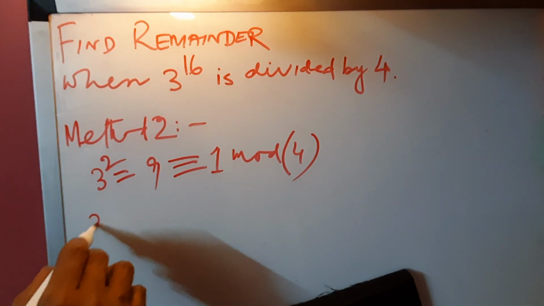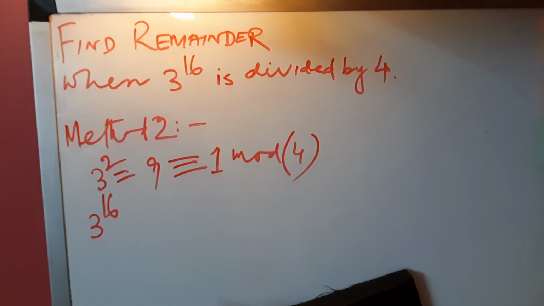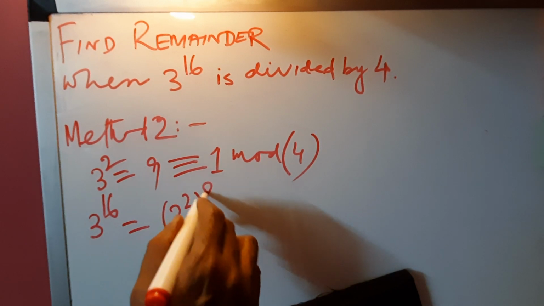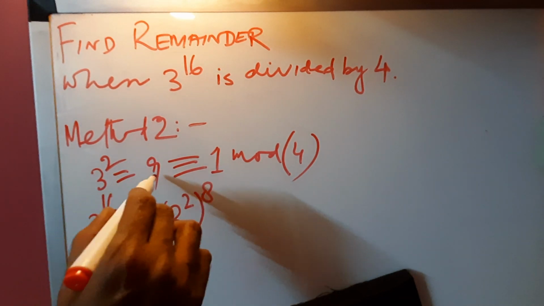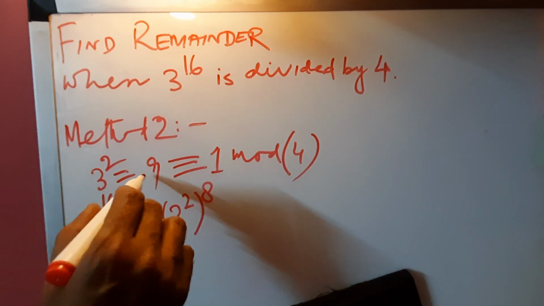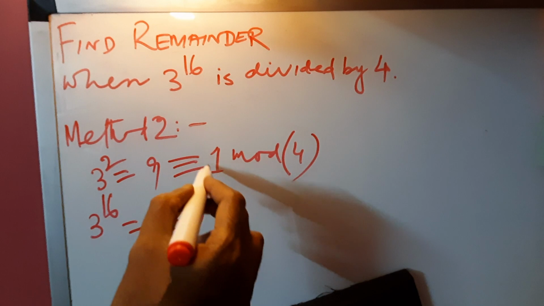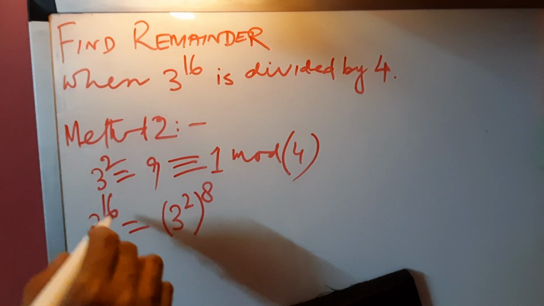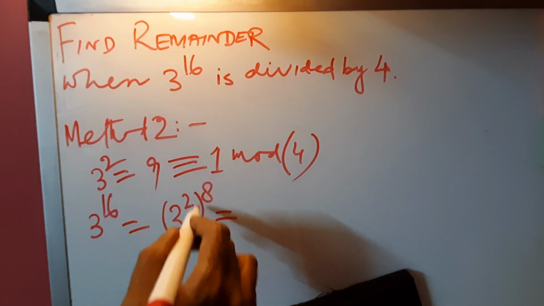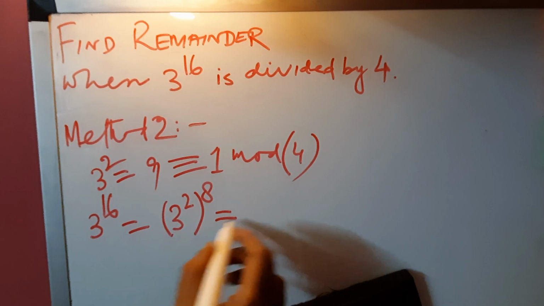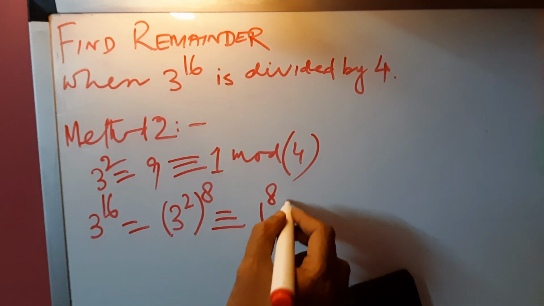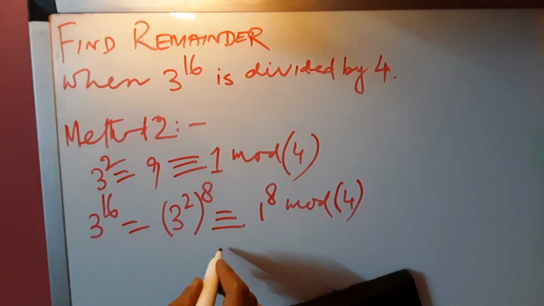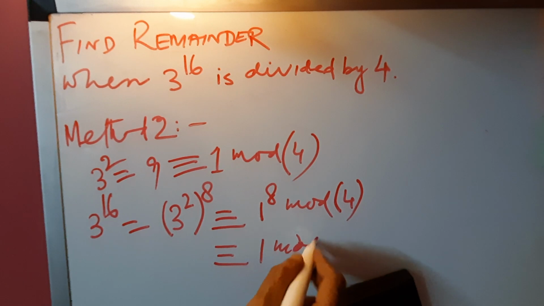So we have to find out 3 to the power 16, correct? We can write 3 to the power 16 as 3 square to the power 8. Since 3 square equals 9, which is congruent to 1 mod 4, we'll get 1 to the power 8 mod 4. 1 to the power 8 means 1 mod 4.